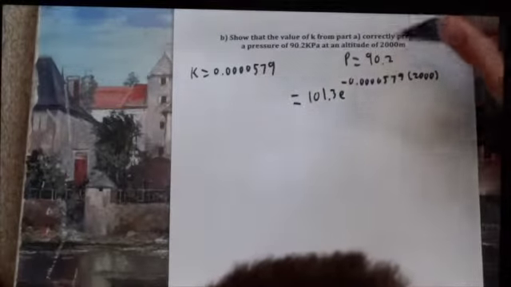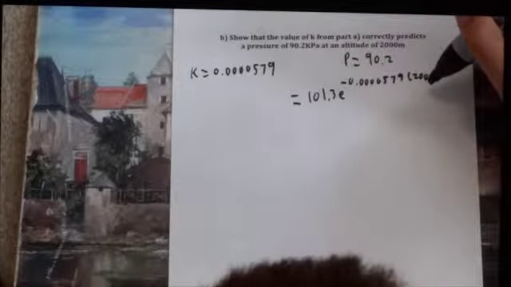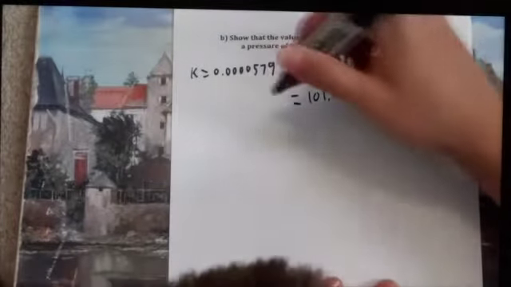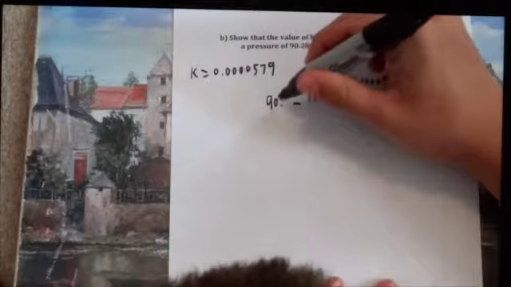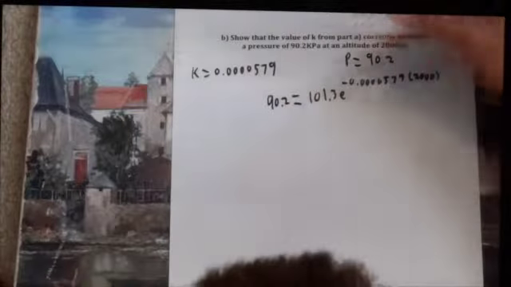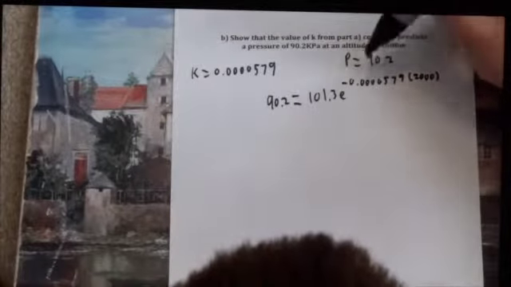All this has to be equal to 90.2. So essentially the left side has to equal the right side. We have to prove that this side is equal to this side.